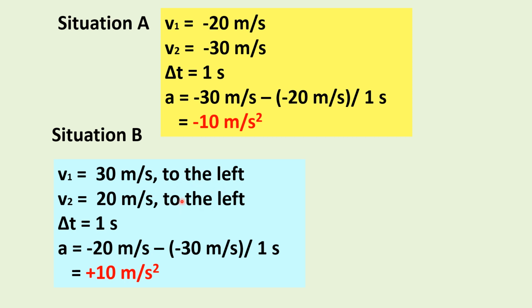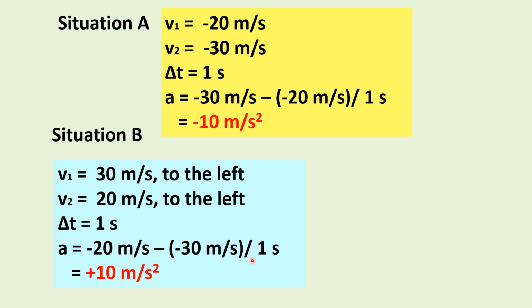So this satisfies what was given in the question. And then for the same time elapsed of 1 second, let's find the acceleration here. It's negative 20 meters per second, that's the v final, minus negative 30 meters per second, which is the initial velocity, divided by 1 second.